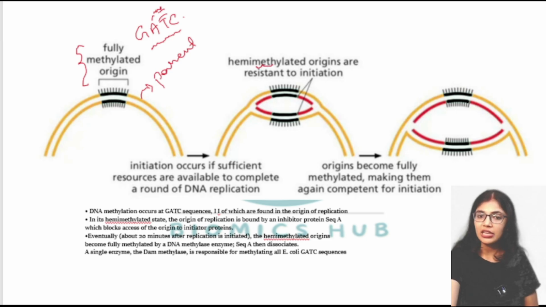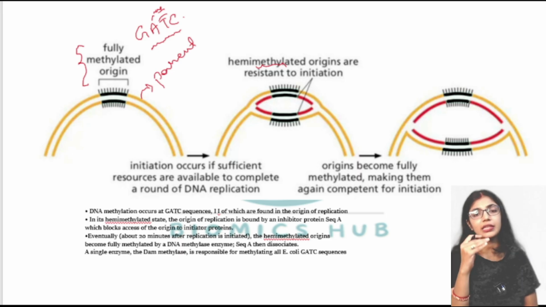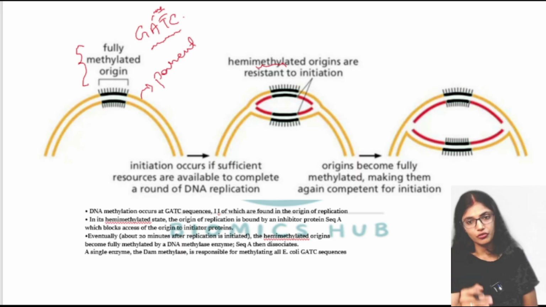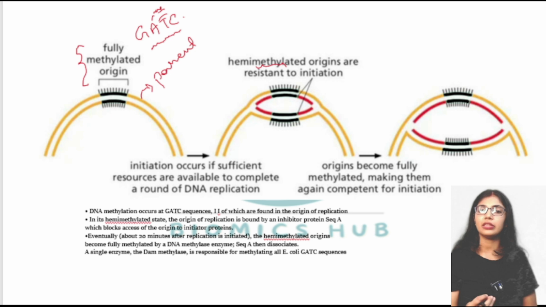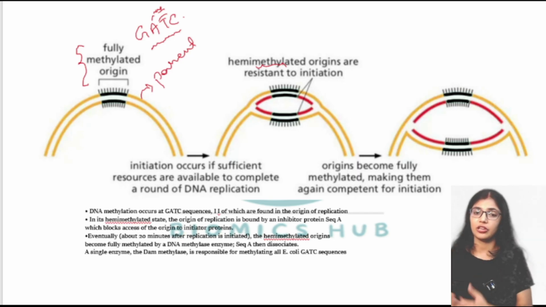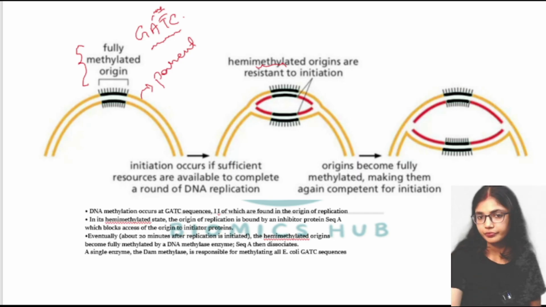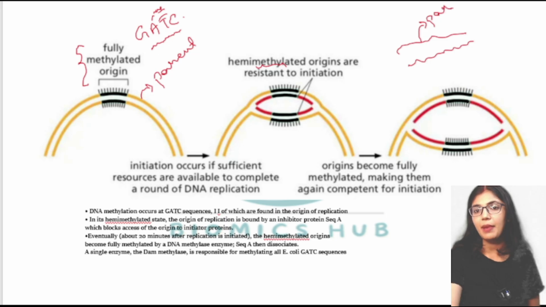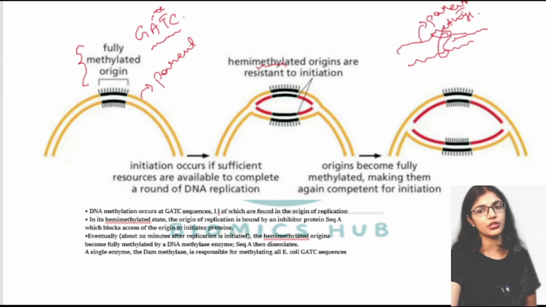What is hemimethylation? When there is a copy of the DNA, the daughter strand, initially it does not have methylation, so for that reason DNA replication cannot take place. Suppose this is the parent DNA, and this parent DNA has methylation so that the DNA polymerase can come and bind, and it will help in the process of replication.